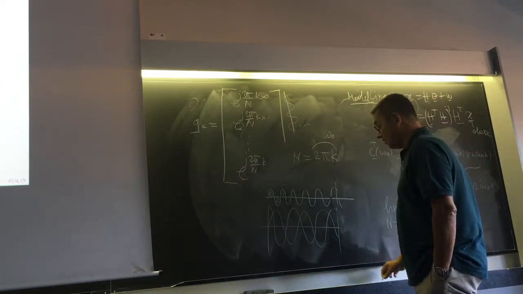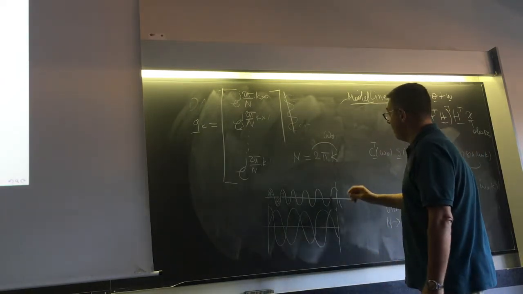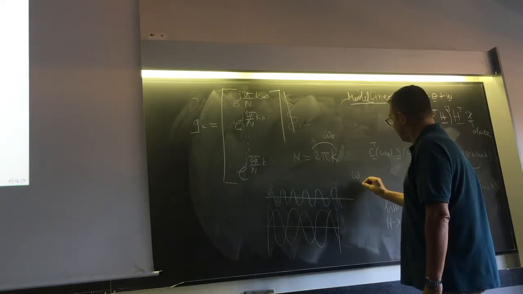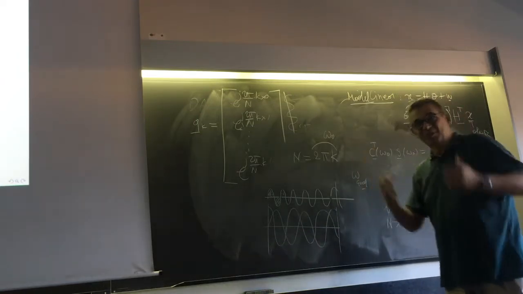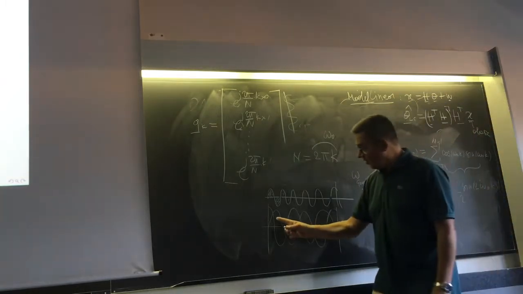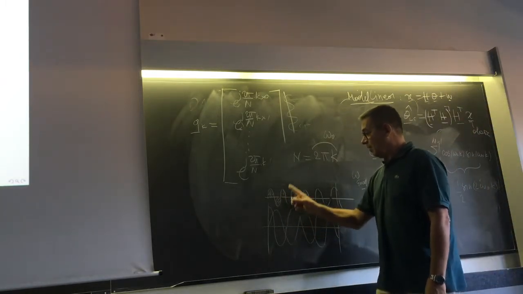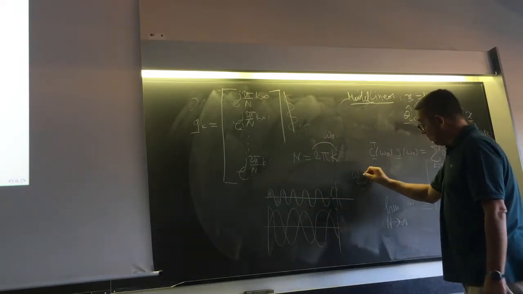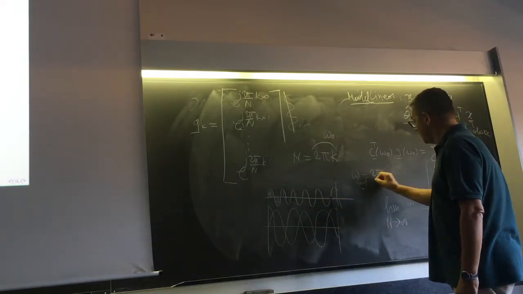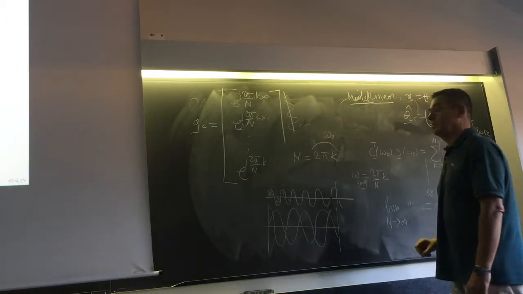So that means the frequency has to be good, let me say. Good means that they make positive and negative, positive and negative, positive and negative. That means the good one has to be an integer number of cycles.